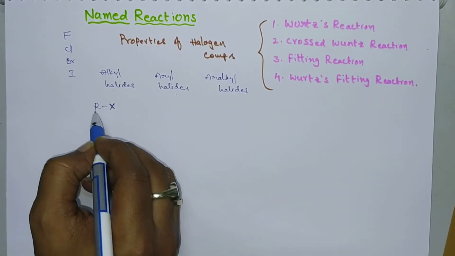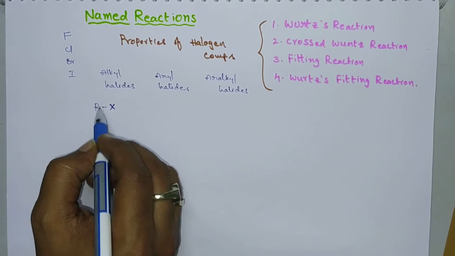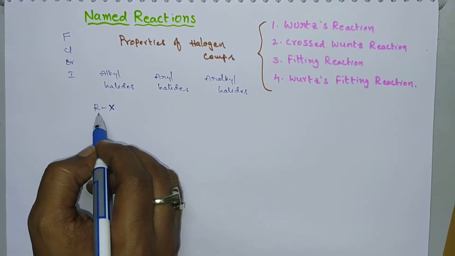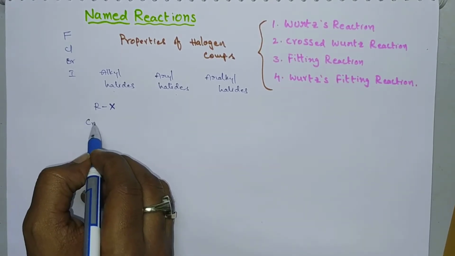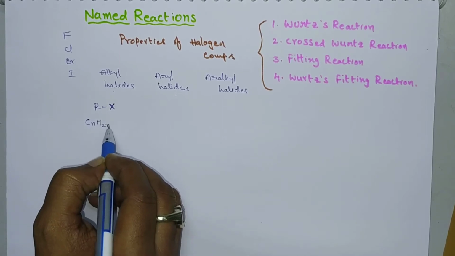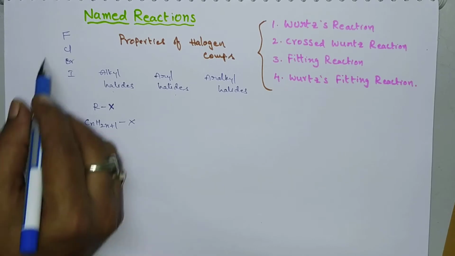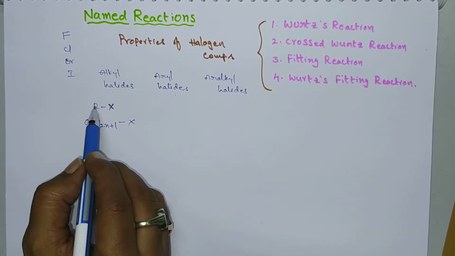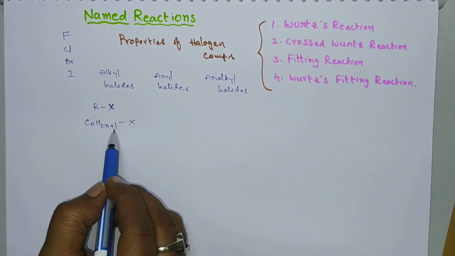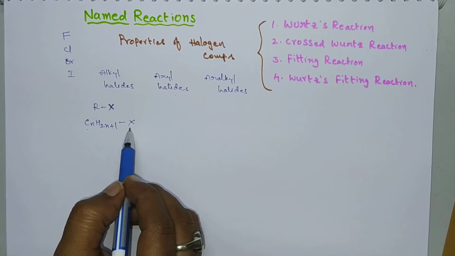Here R means any alkyl group, which we have already discussed in the previous video. The alkyl group general formula is CnH2n+1 and X means any one of these halogens.